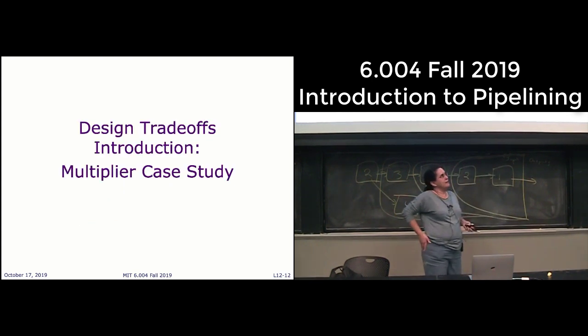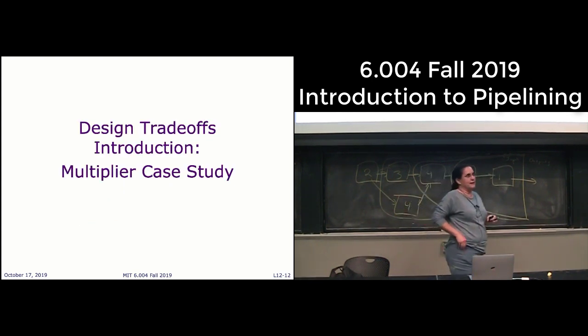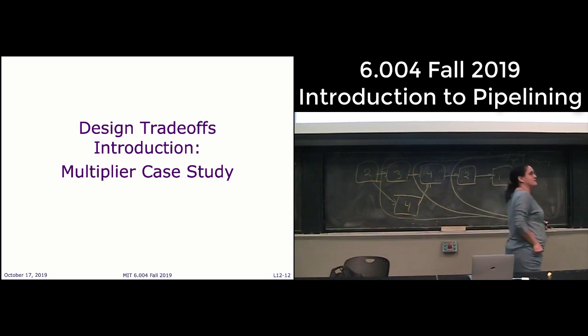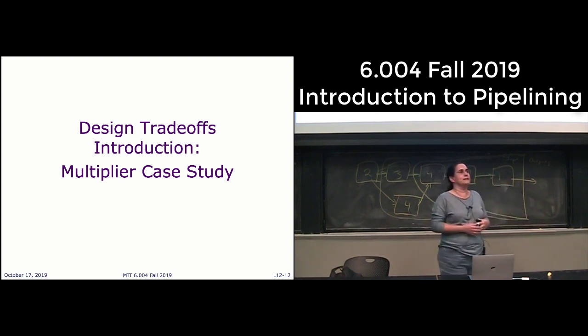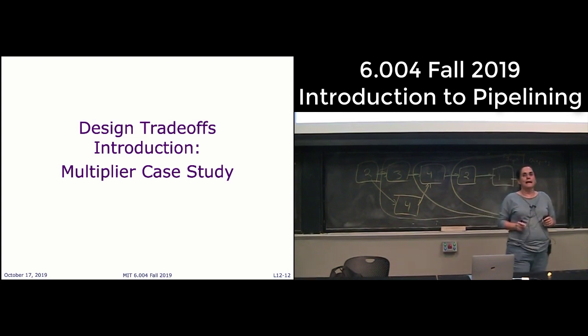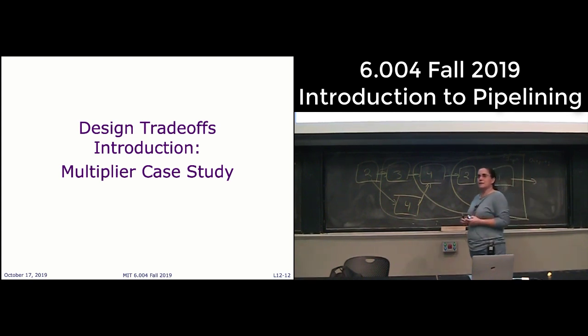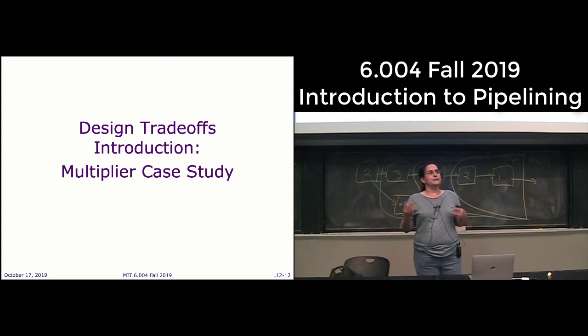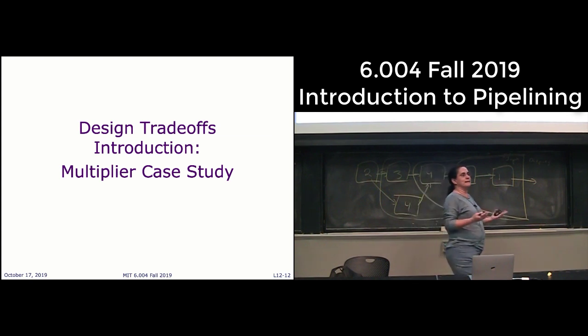Okay, so now for the rest of today's lecture, we're going to focus on a particular problem, which is how do we build multipliers. And while we do that, we're going to consider alternative strategies of building that multiplier.